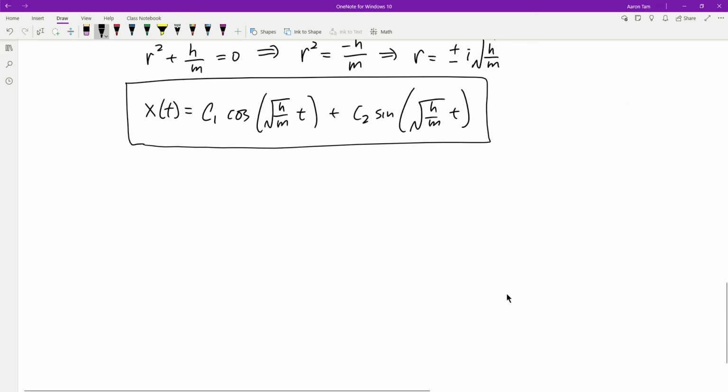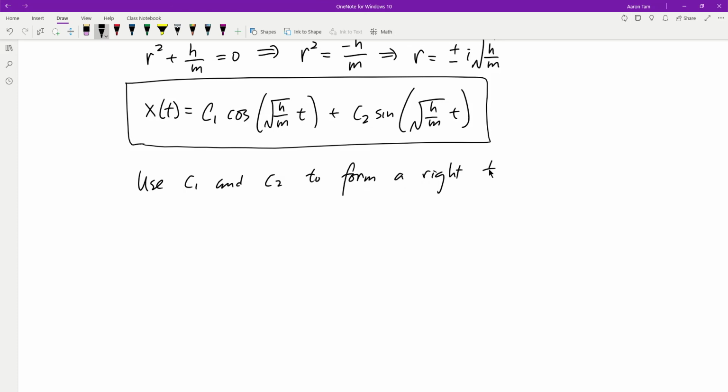Let's clean up this equation a little bit. The way to do that is the following: we're going to use C1 and C2 to form a right triangle, and hopefully by doing so clean up this solution into something nicer. So I'm going to define my right triangle.